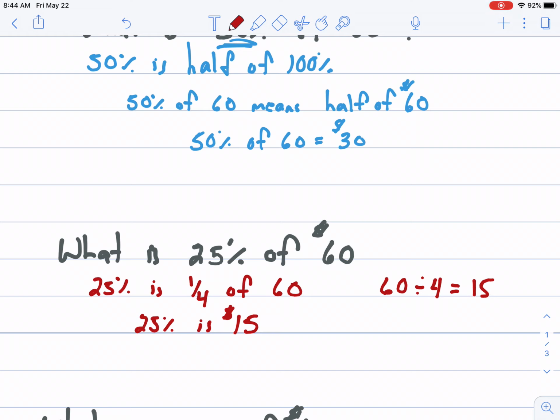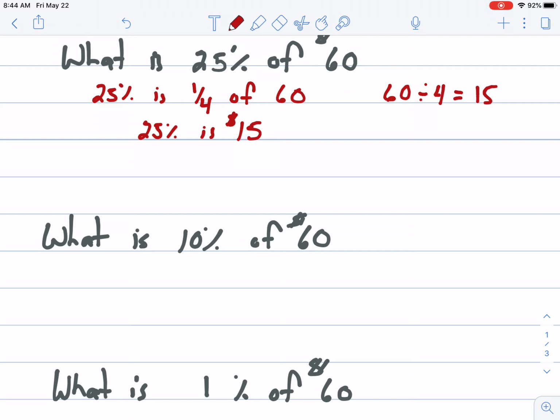10%, this is where things actually get really easy, because 10%, same logic, 10% is a tenth, because I need 10 of them to get to 100. So because of that, I'm simply going 60 divided by 10. And the reason I'm dividing by 10 is because that 10% is a tenth.